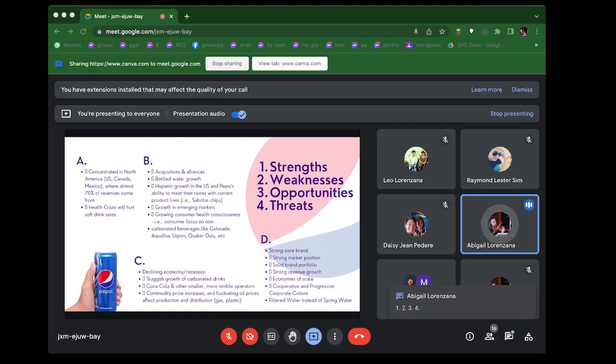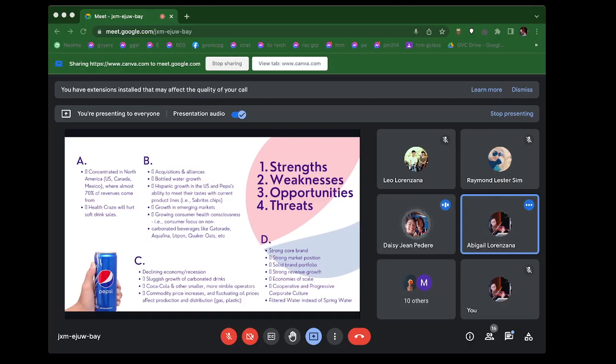What are strengths? Is it A, B, C, or D? You can put your answers in the chat. You just choose A, B, C, or D. Naka-group na siya. This is the SWOT of Pepsi. Are you guys still there? Hello?